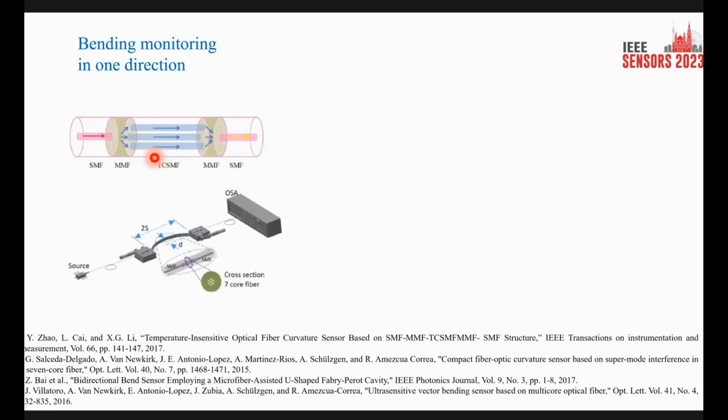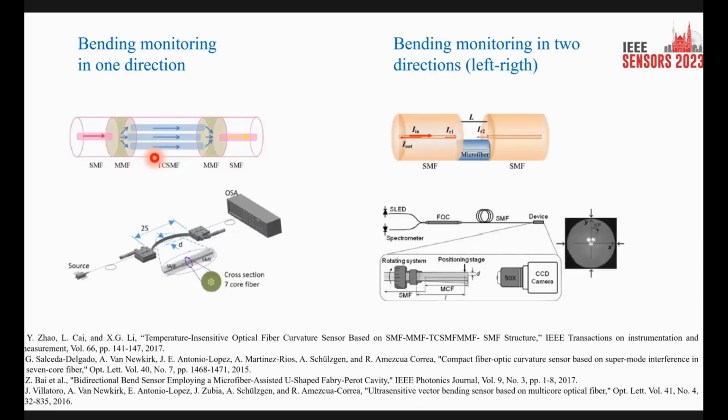This is not my work, but when people do bending monitoring in two directions, again, what I call left to right, they use some asymmetry in the structure. It makes sense to have an asymmetry to identify which direction we are bending the fiber.